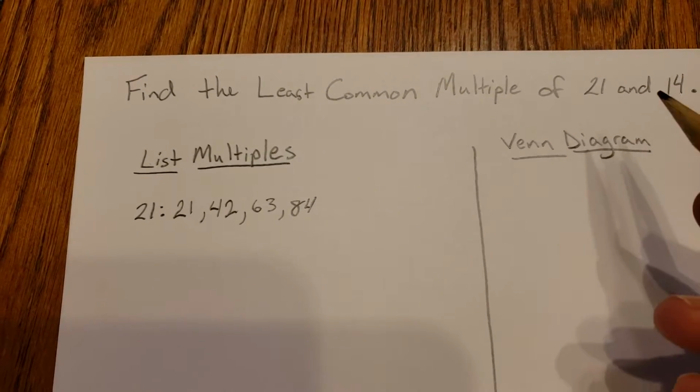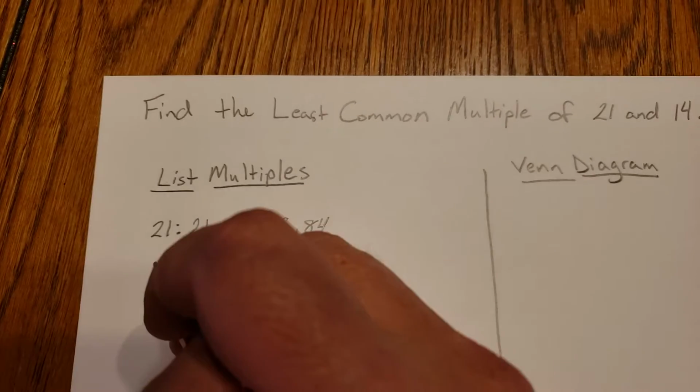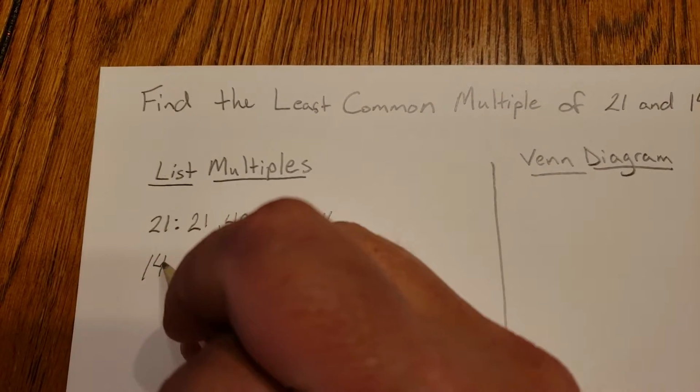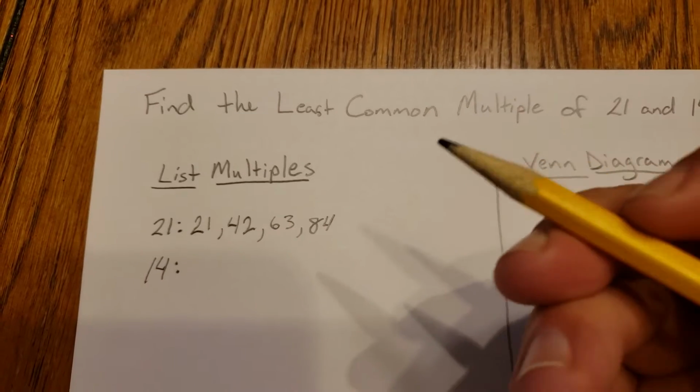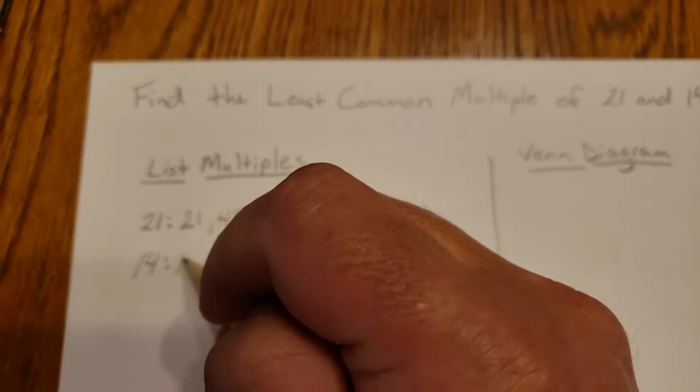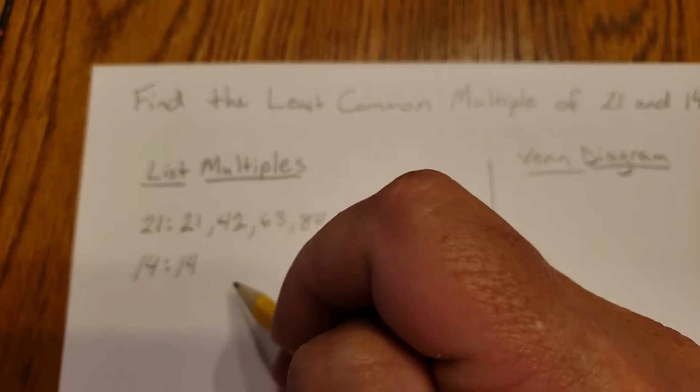Then let's make a list for 14. So again, the first multiple will be itself, 14.